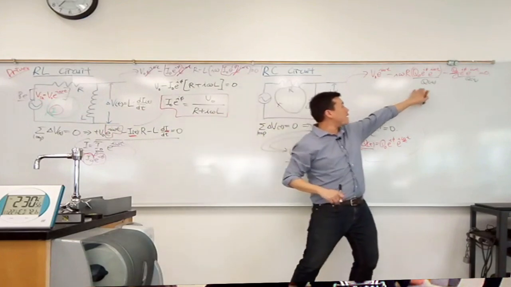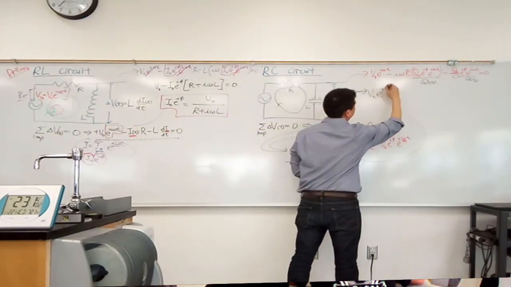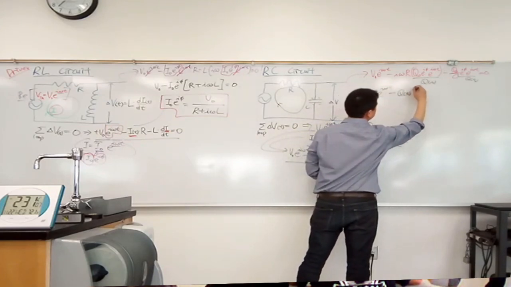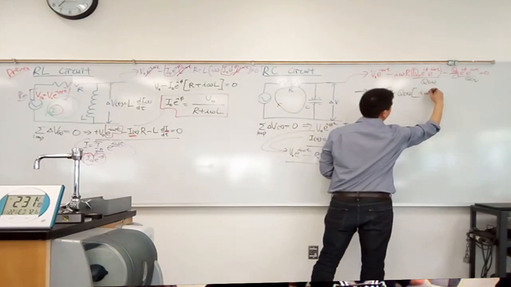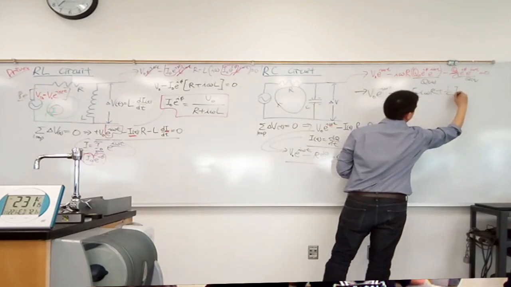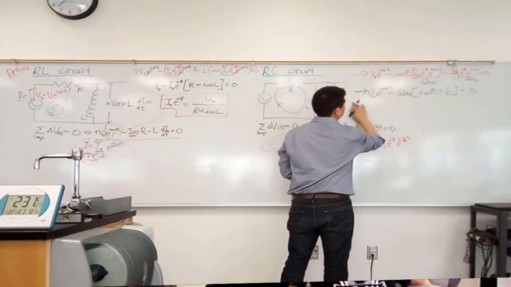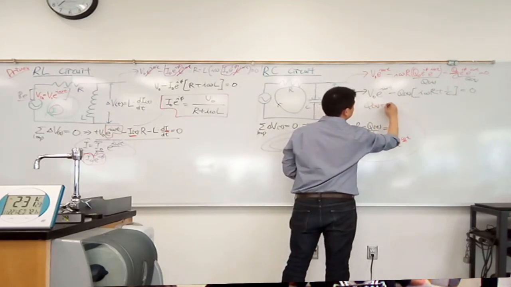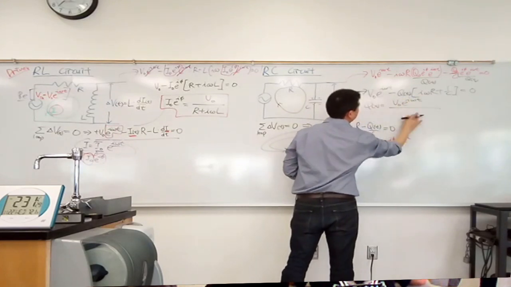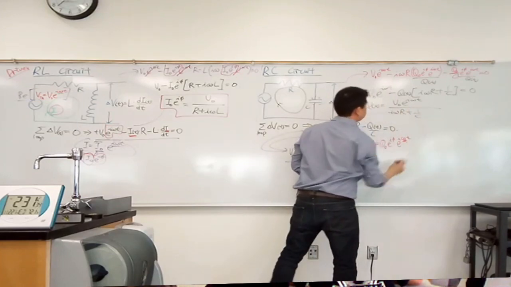So let me combine these two terms and factor out Q. Then I end up with V naught e to the i omega t minus Q of t times this term here, i omega R plus 1 over C, is equal to 0. Let me solve for Q of t. Q of t is equal to V naught e to the i omega t divided by i omega R plus 1 over C.